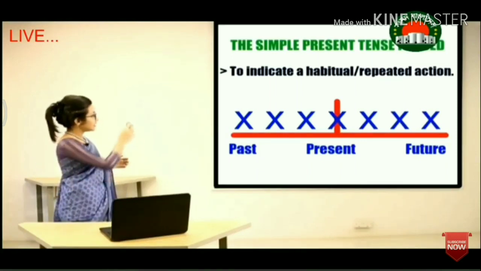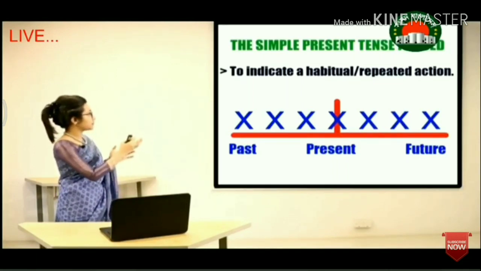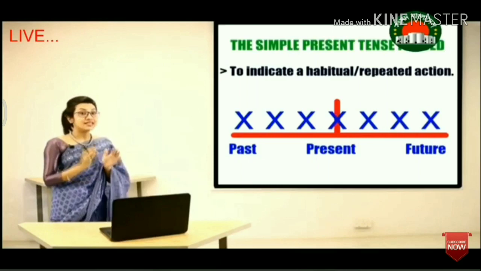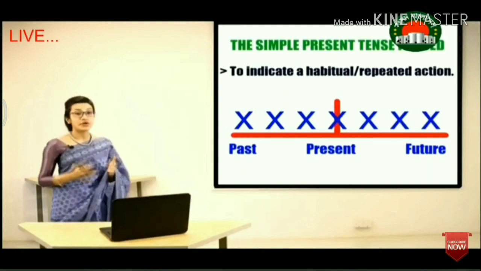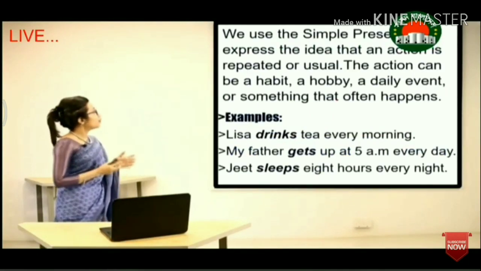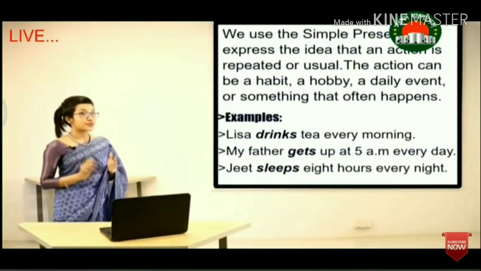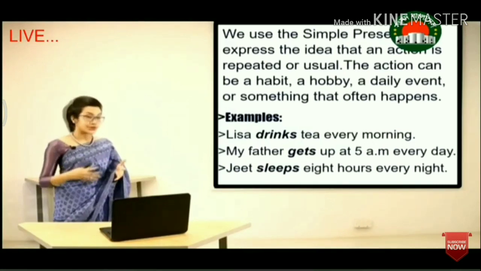As you can see, the events are happening continuously. So this means it is indicating an action that is repeated. So to indicate a habitual or repeated action, we always use simple present tense.